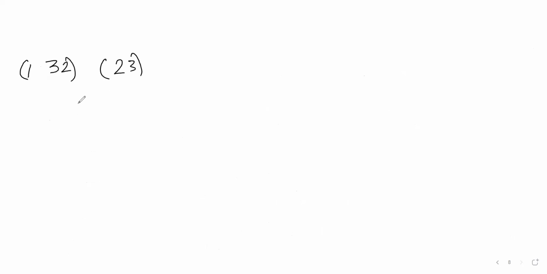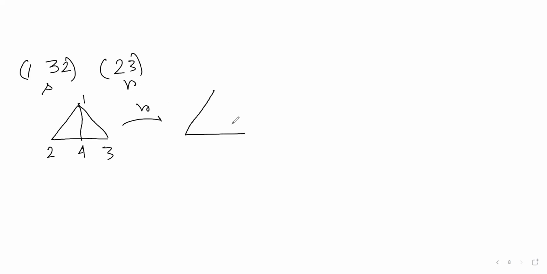Okay, so first draw a triangle, name the triangle as 1 2 3, then draw the axis here 4. So this operation is my R and this is S. So R: I am actually doing reflection with respect to the 1 4 axis.